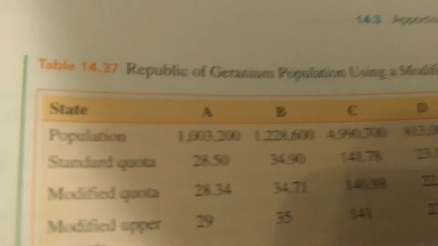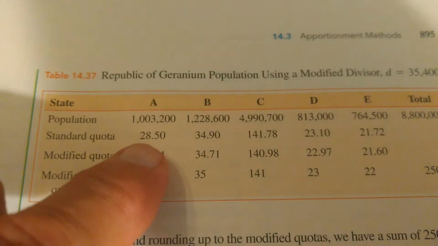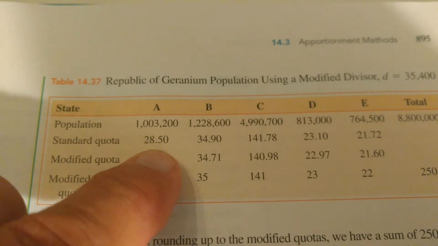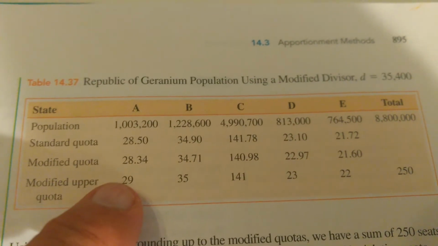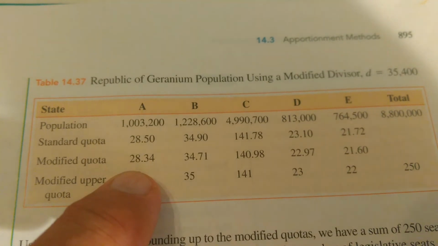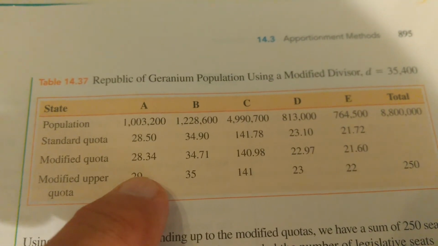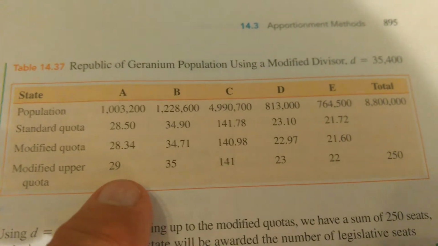So again, if we look at this in terms of Adams' method, this standard quota number here is dividing all the population numbers by 35,200. This modified quota is now dividing all the populations by 35,400. And so if you look at what we're doing, we're rounding everything up.